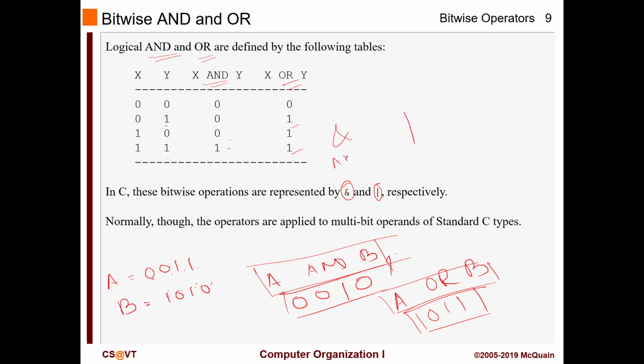The ampersand is and, this is or. And remember, if it's like this, it's an AND operation, but if it's something like this, it's an address. I don't know when they were making the compiler why they use the same symbol, but yeah, this is how it is. Get used to it.